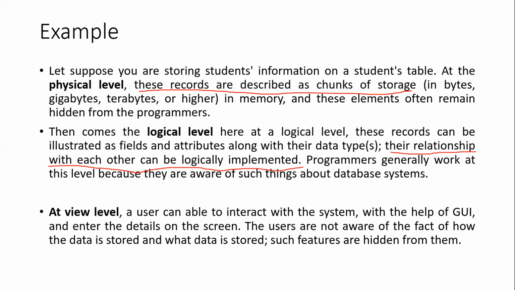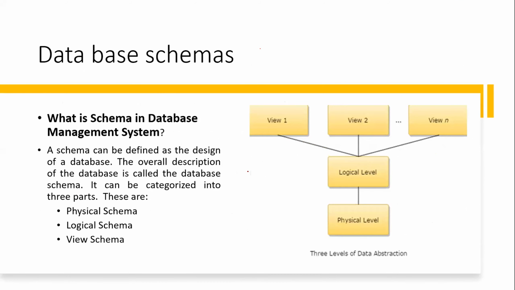So we have three schemas: logical schema, view schema, and physical schema. This is a very important concept. In a database management system, schema can be defined as the design of the database. At the physical level you write physical schema, at the logical level logical schema, and at the external level external schema, or view level or view schema. In the physical schema, data is stored in blocks of storage.